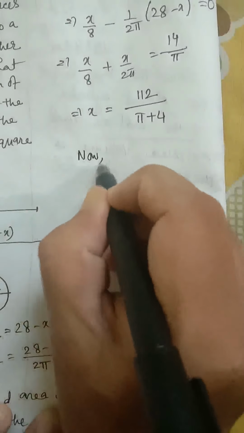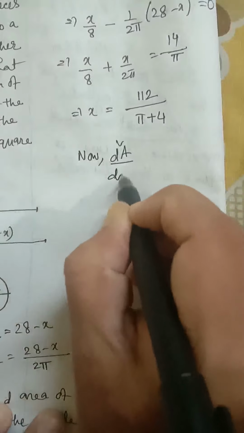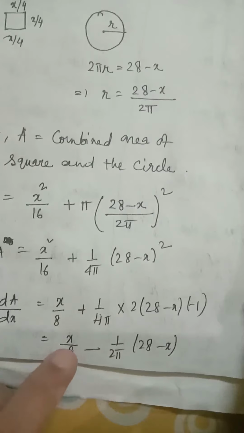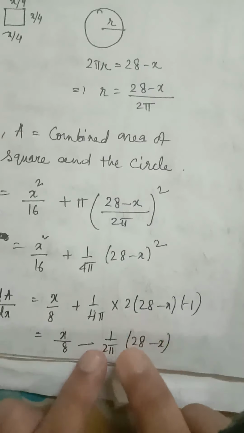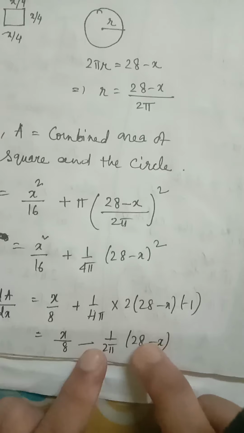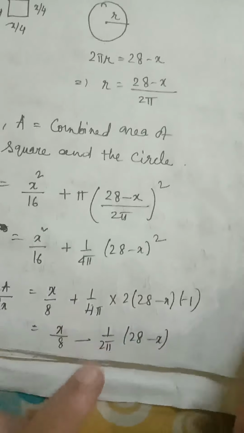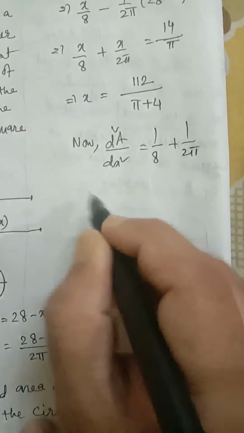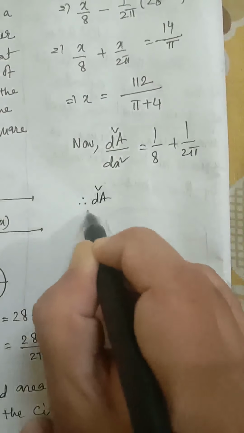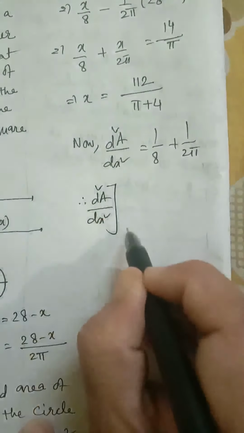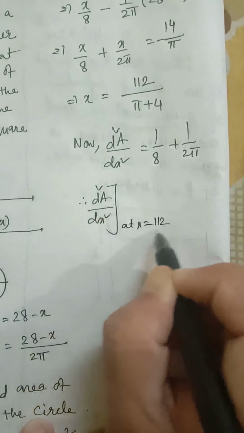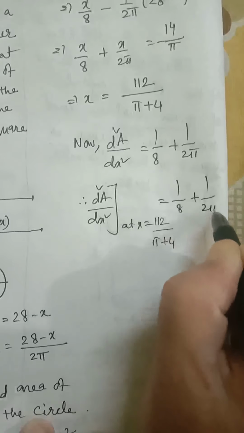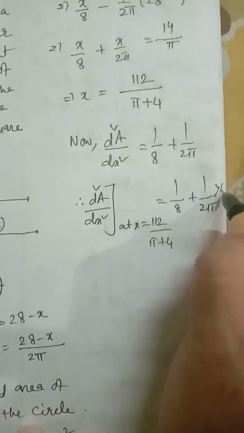Now d²A/dx², this is our dA/dx. d²A/dx² will be 1 by 8 plus, because the derivative of the constant term will be 0, the derivative of minus x will be minus 1, minus minus plus 1, so 1 by 8 plus 1 by 2π. Therefore d²A/dx² at x equal to 112 by π plus 4 is 1 by 8 plus 1 by 2π, which is clearly positive, greater than 0.